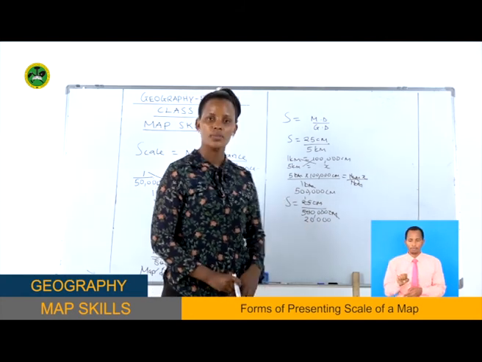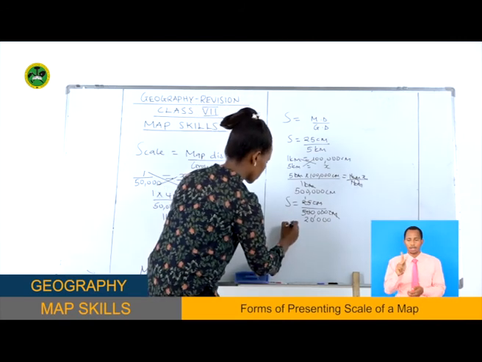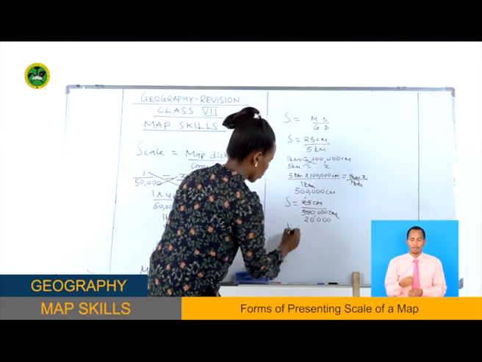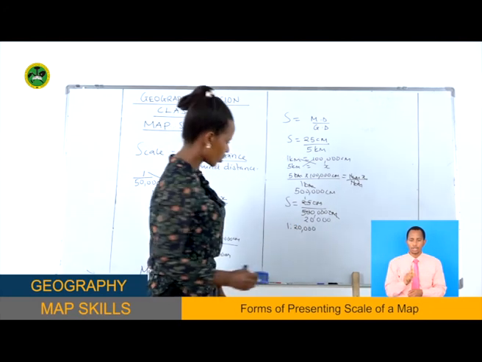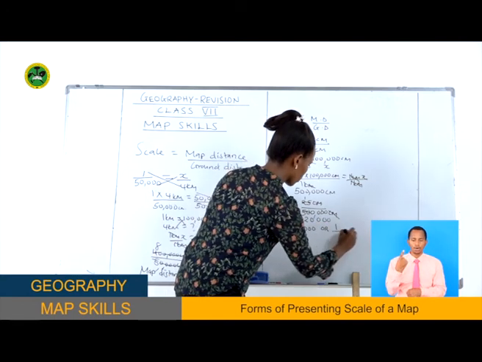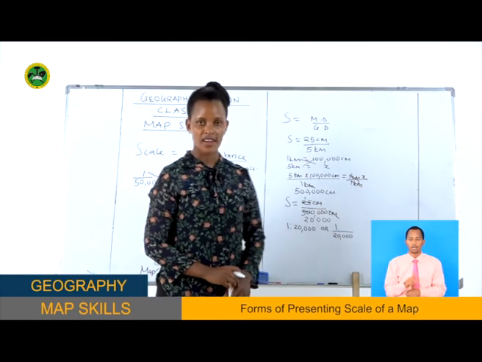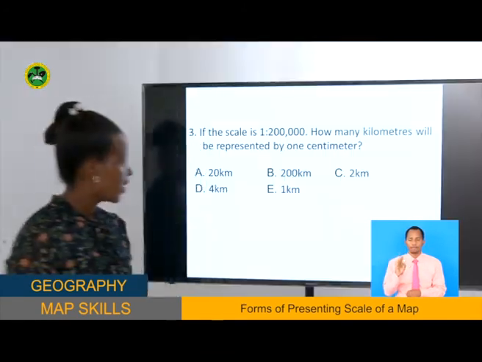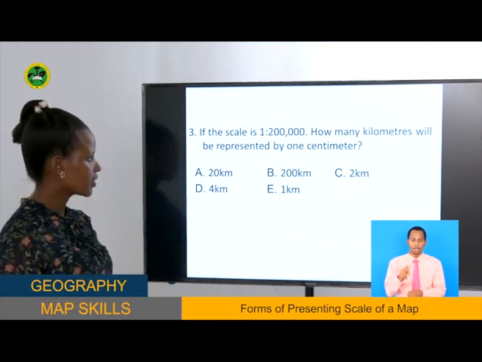This scale should be written as a ratio or fraction. So it should read 1:20,000 as a ratio, or 1/20,000 as a fraction scale.